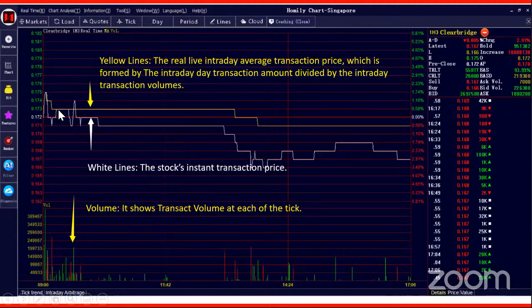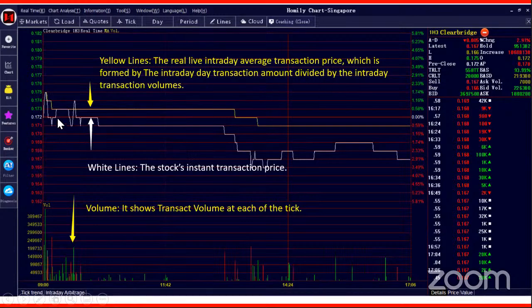If the yellow line is flat, then it tells us the average price doesn't move. And if the yellow line is sloping up, that means the transacted price is moving up.